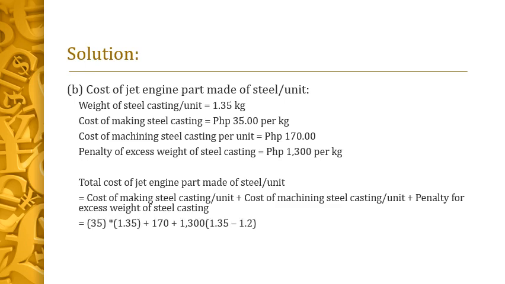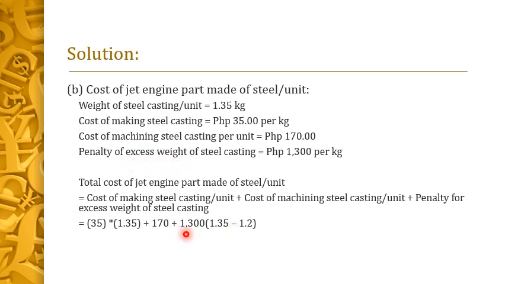Substituting our values, again, the cost of making steel casting per unit is the product of the cost of making steel casting and the weight of steel casting per unit, which is equal to 35 pesos per kilogram times 1.35 kilograms, plus 170, which is the cost of machining steel casting per unit, plus, now we're going to compute for the penalty for excess weight of steel casting, which is equal to the product of the penalty of excess weight of steel casting and the excess weight.